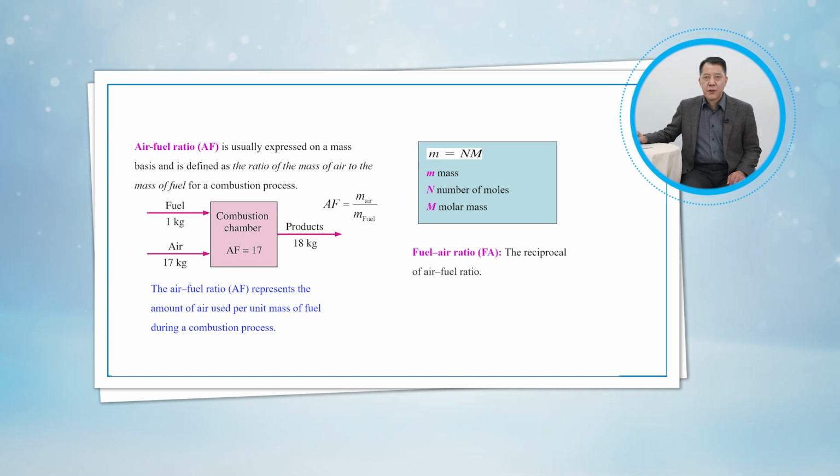The air-fuel ratio can also be expressed on a mole basis as the ratio of the mole numbers of air to the mole numbers of fuel. But we will use the former definition. The reciprocal of the air-fuel ratio is called the fuel-air ratio.